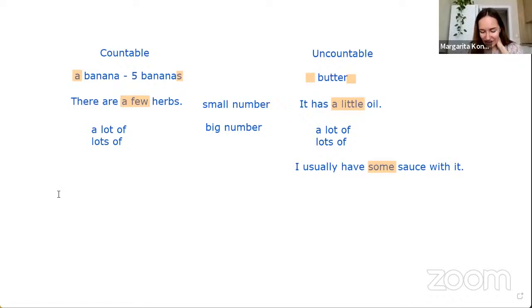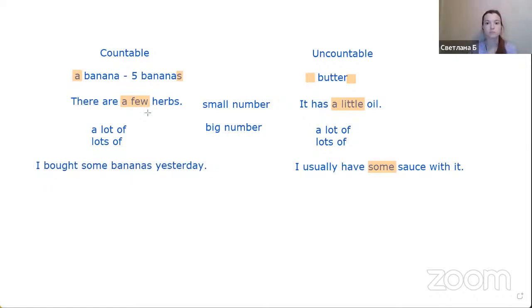But what if I say, I bought some bananas in the market? Bananas are countable. I bought some bananas in the market today, or yesterday, let's say.